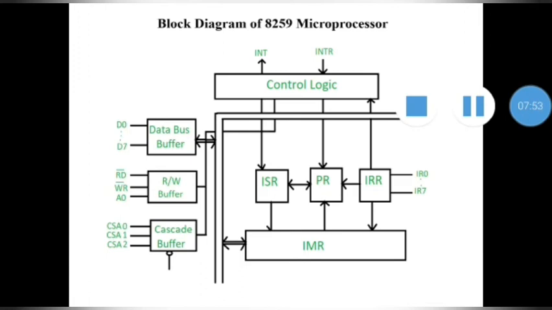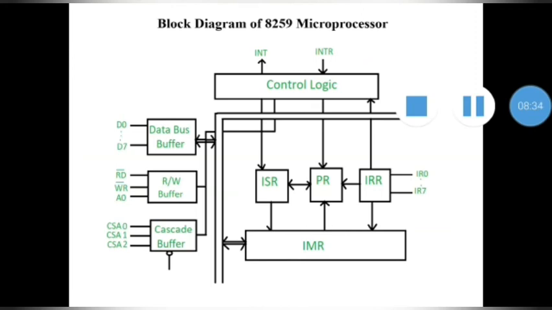Then the next block is the read write buffer. This block accepts and decodes the command from the processor, and this block also allows the status of the 8259 to be transferred onto the data bus.